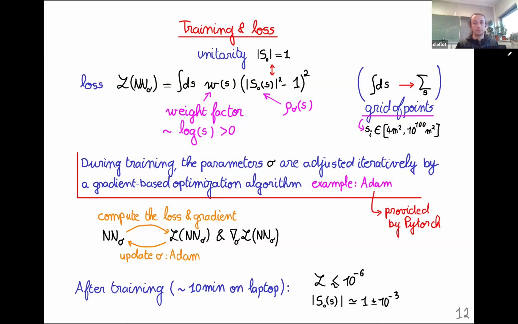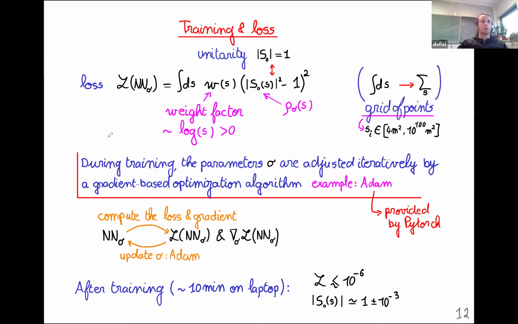This was still to force the neural network to learn the Regge expansion that I showed on the last slide. In reality, we could not compute integrals, so we use a sum over s for numerical reasons. We have a finite grid of points, and we imposed unitarity for energies between 4m squared and 10 to the 100 m squared.